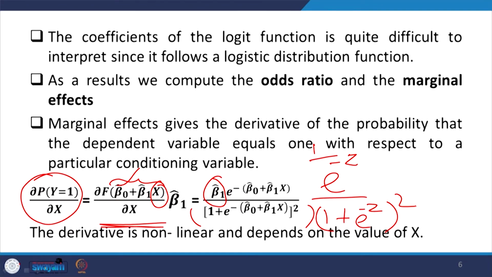Now, the derivative is in fact non-linear and depends on the value of x. What is the meaning of it? That means the marginal effect of y is actually observed through the x. So, z here, we already defined in the last class, is dependent upon x.